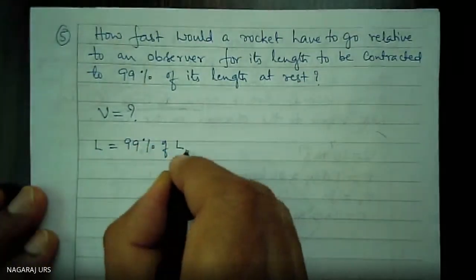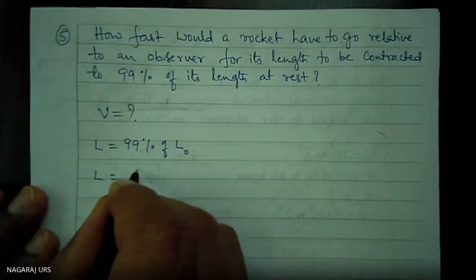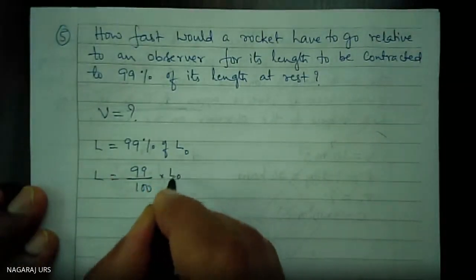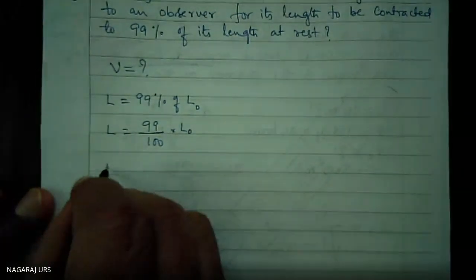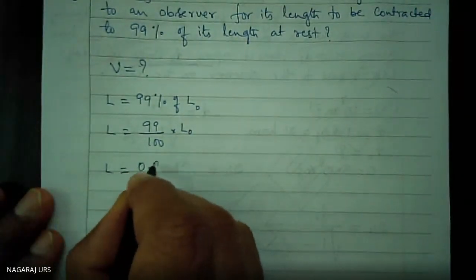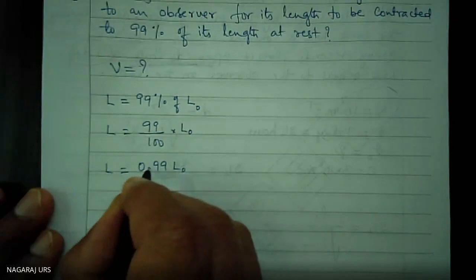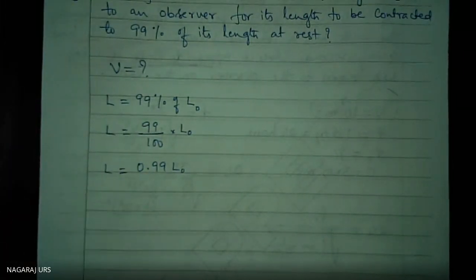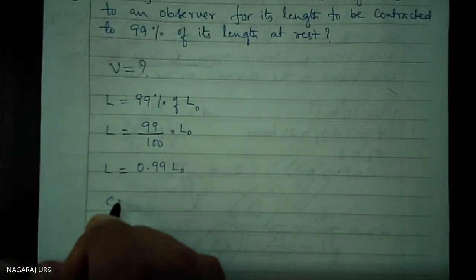So L is equal to 99% of the original length, therefore L is equal to 0.99 L naught. If you know all these things, then easily we can find it.